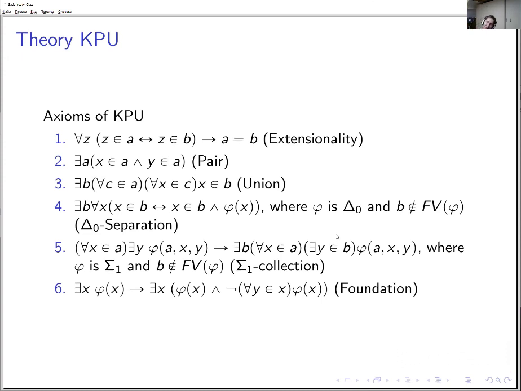For example, extensionality works only for sets, and when you talk about separation, of course, you want to make separation from a set. Those restrictions are extremely natural ones, so nothing really interesting is going on here.